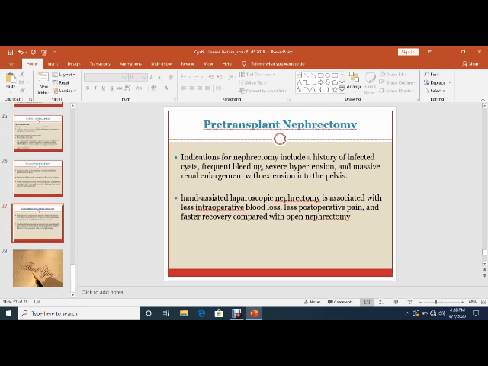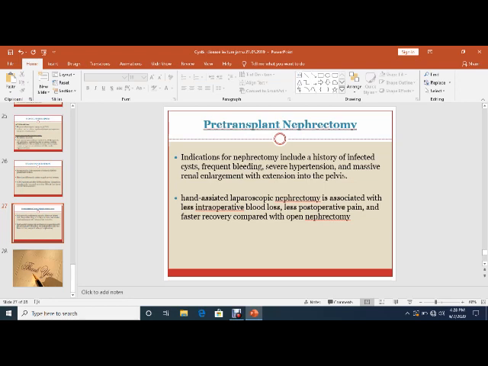Sometimes these patients require nephrectomy. In polycystic kidney, removal of the kidney is usually not indicated, but there are certain indications. When you go for a kidney transplant, pre-transplant nephrectomy is indicated.